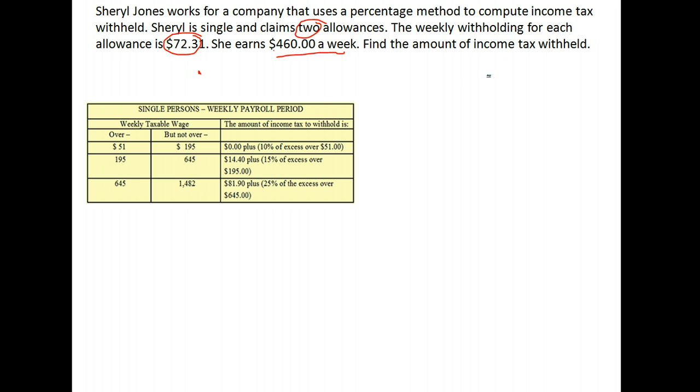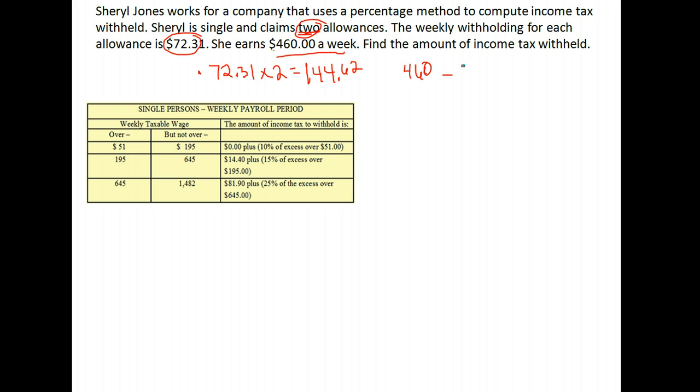So first and foremost, we need to know what she can be taxed on. Well, her pay is $460 a week, her gross pay. We need to subtract her allowances from that. She had 2 allowances of $72.31, which is $144.62.